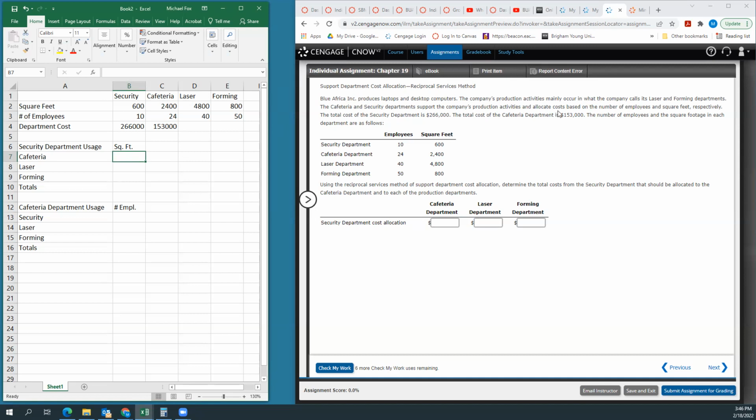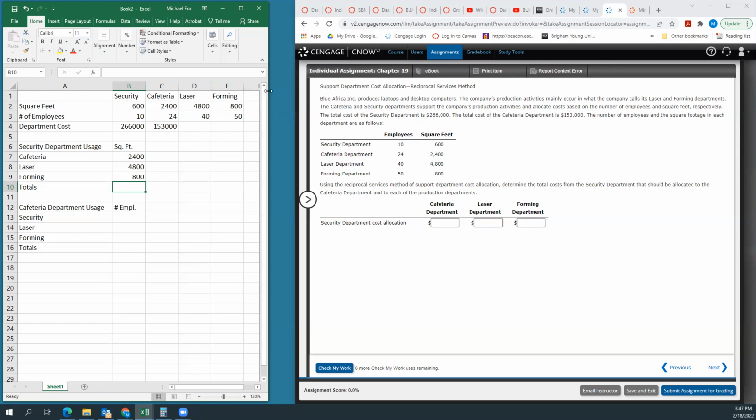So for the security department, it is the square footage. So the cafeteria has 2,400 square feet. Again, this is just from the information up here above. The laser department has 4,800 square feet, and the forming department has 800 square feet. We're not going to include the number of square feet in the security department because we're trying to figure out how to allocate the costs of the security department. So we're just going to include the other 3 departments.